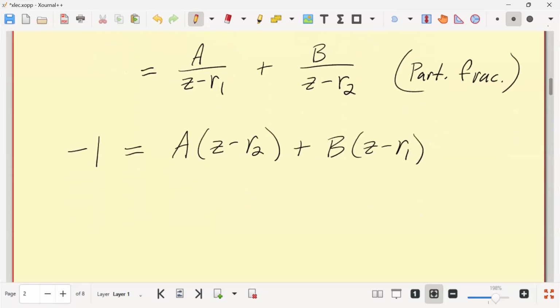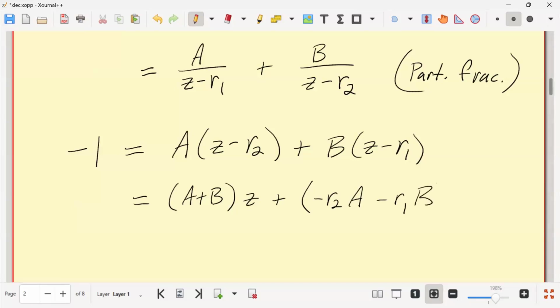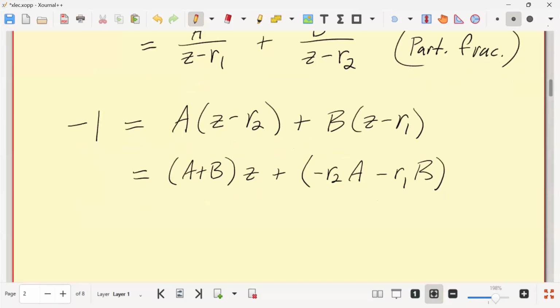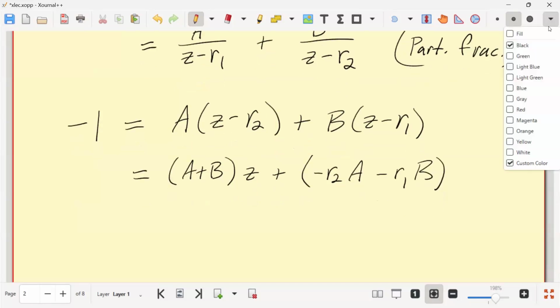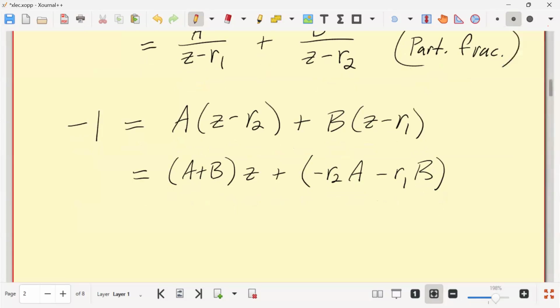Which if I write out is, let's see, that would give me (a plus b) times z. And then I'd get plus a constant term of minus r2 a minus r1 b. And if those two things are going to be equal, this constant term would have to be minus 1, and this would have to be 0. A plus b would have to be 0.